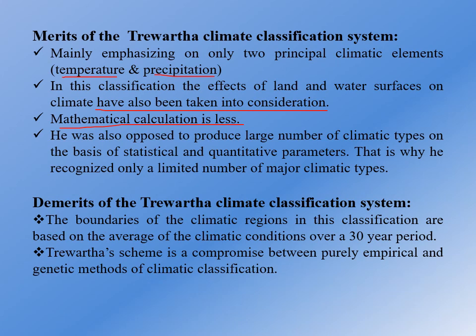Trewartha also opposed producing a large number of climatic types on the basis of statistical and quantitative parameters. That is why he recognized only 15 major climatic types. Now, although Trewartha's classification is very simple, it also has some demerits or limitations. The boundaries of the climatic regions in this classification scheme are based on the average of climatic conditions over a 30-year period.